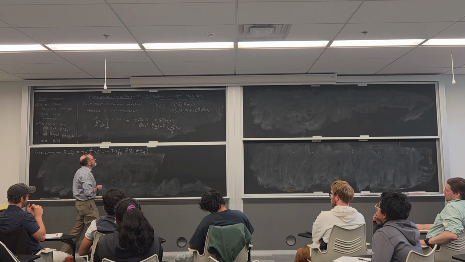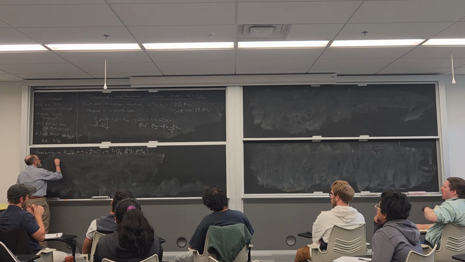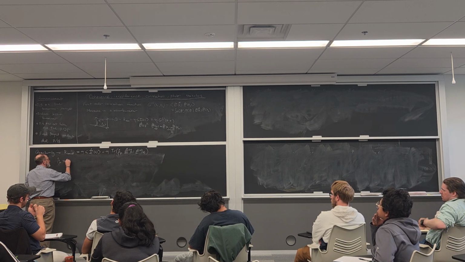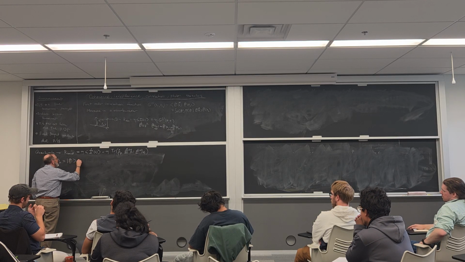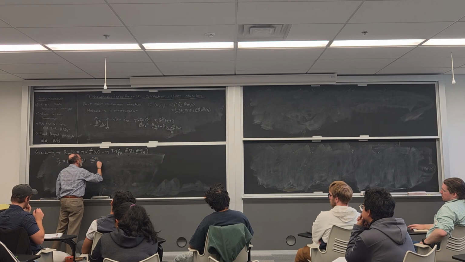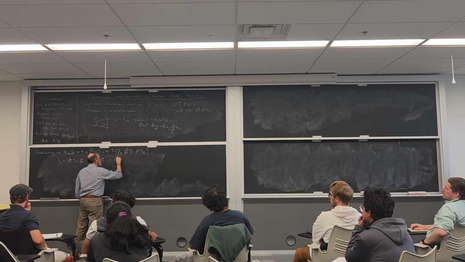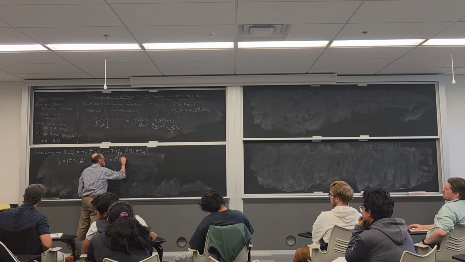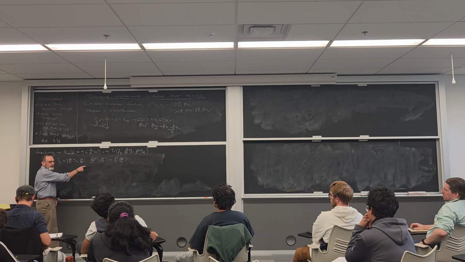And in particular, if we have a coherent state, a state which is an eigenstate of the annihilation operator and thus an eigenstate of E plus, so this is a coherent state. Everyone clear on that?